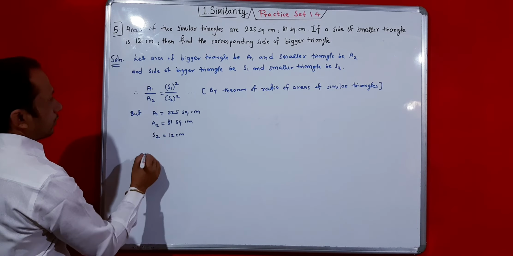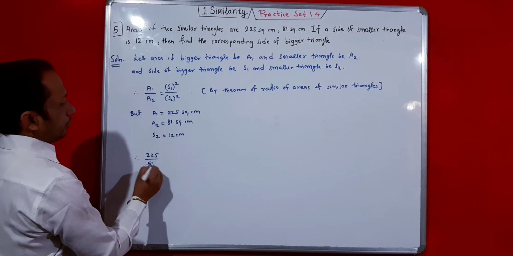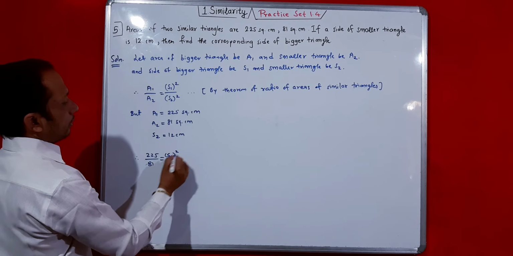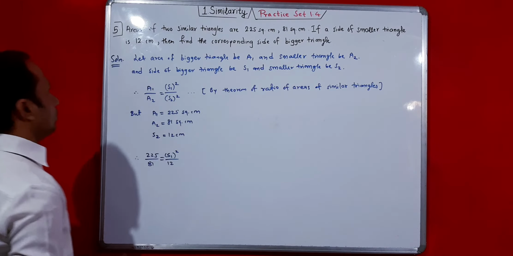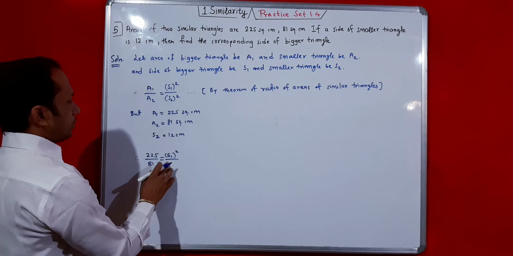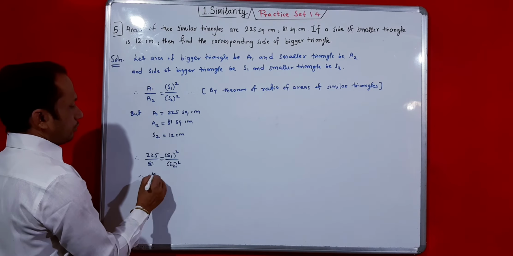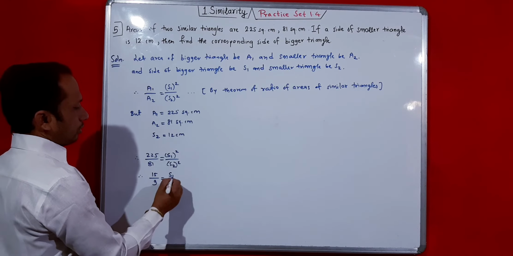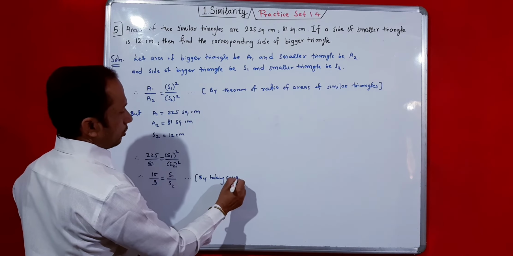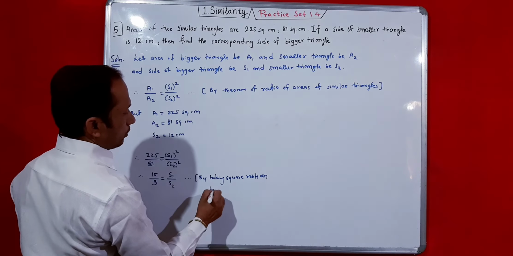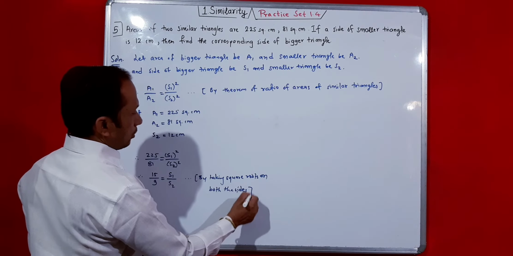Therefore, put the values: 225 upon 81 is equal to S1 square upon 12 square. No, a better way to solve this: by taking square roots on both sides, it is 15 upon 9 equal to S1 upon S2. Okay, we got this.